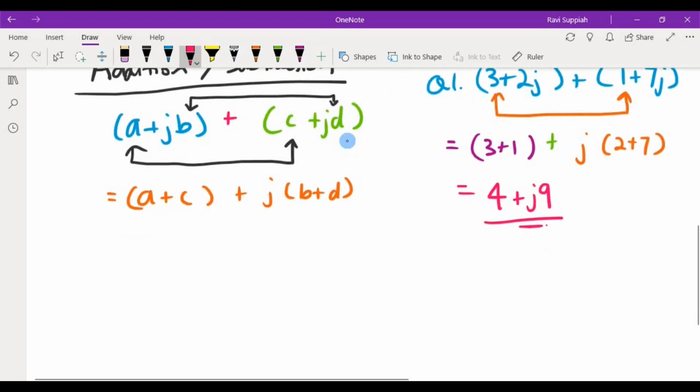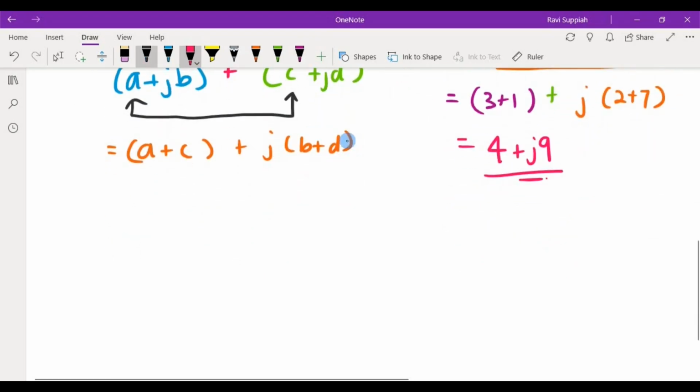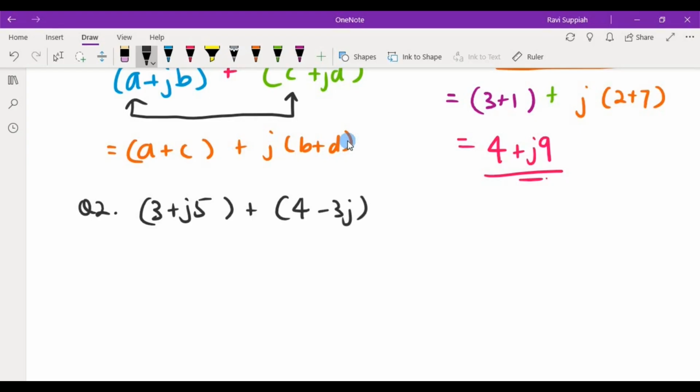Let's try another example. 3 plus j5, added with 4 minus 3j. Again, the real parts will be done separately and the imaginary parts will be done separately.